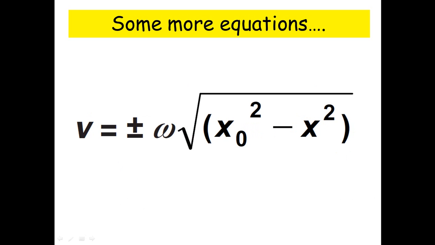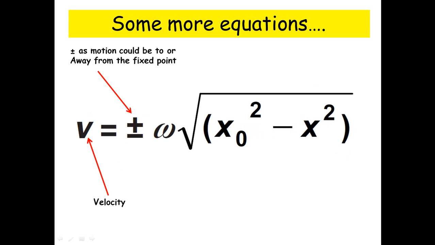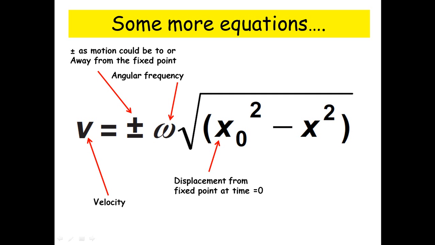Another equation that you have to learn is that velocity is equal to plus or minus, because the motion could be to or from the fixed point, omega, the angular frequency, times the square root of x0 squared minus x squared. x0 is the maximum displacement from the fixed point, and x is the position at that time.